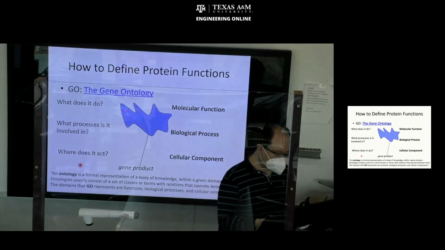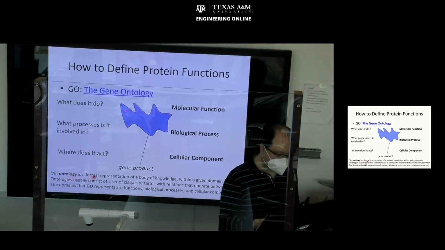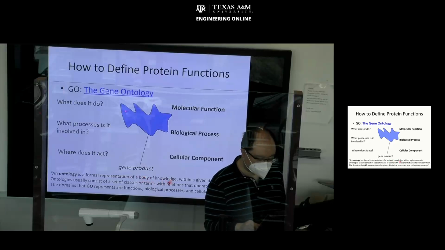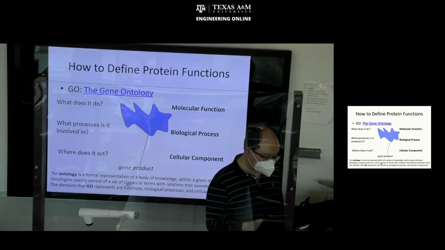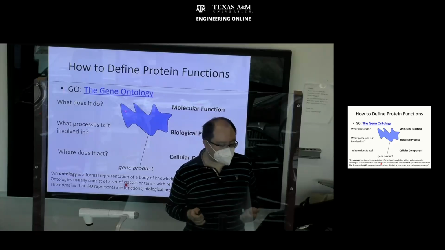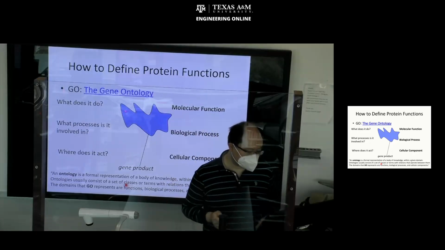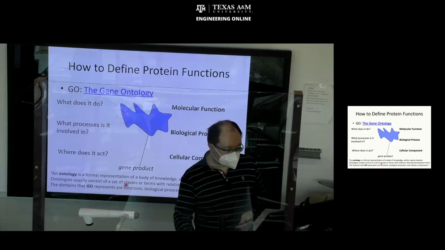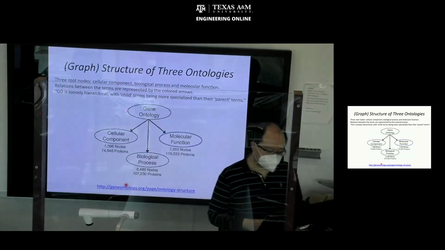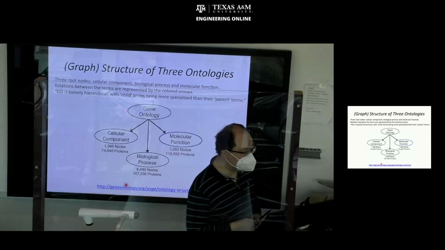If you need to know what ontology means, we have a lot of ontologies. It's a formal representation of a body of knowledge within a given domain. It describes a lot of relationships between classes or terms. Here we have three ontologies: cellular component, biological process, and molecular function.